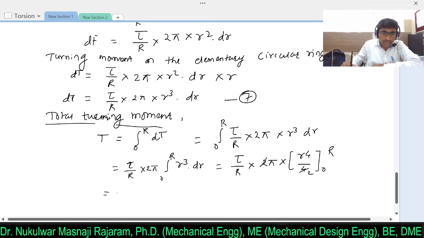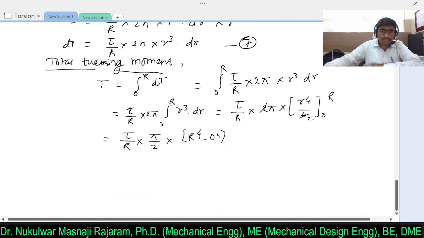Then I can rewrite again tau divided by r into pi by 2 into, if you put the value of r, then it will be r raised to 4 minus 0 raised to 4. So here I can rewrite tau divided by r into pi by 2 into r raised to 4.